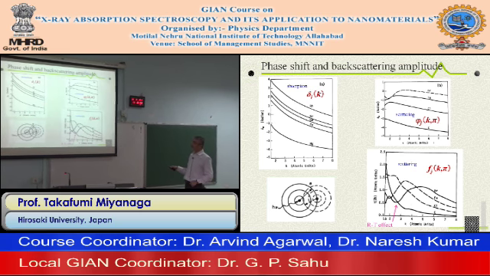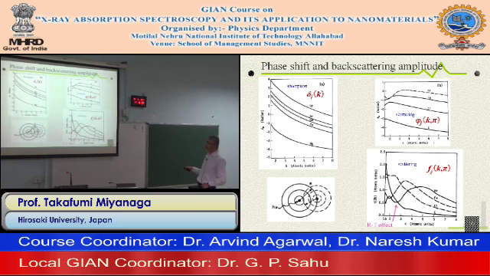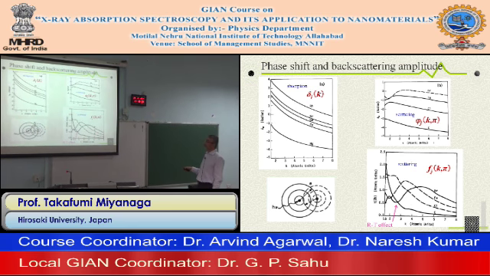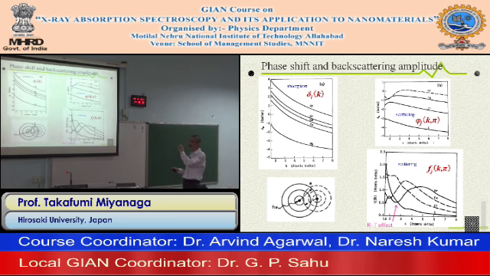And the scattering amplitudes are very different for each atom: carbon, chromium, iron, bromine. For higher atomic numbers, there is some node around here.